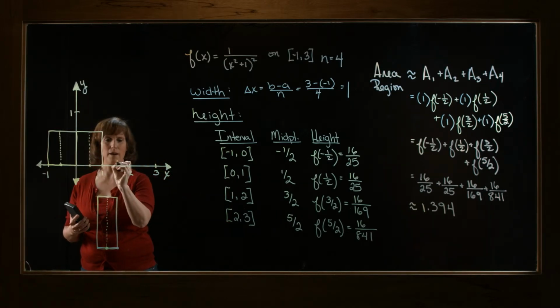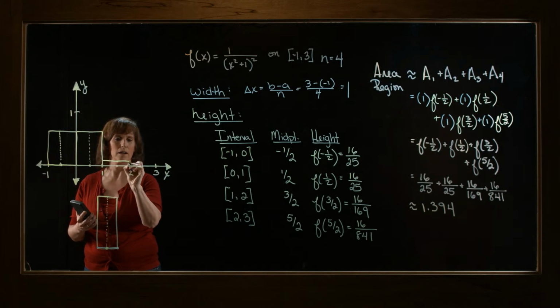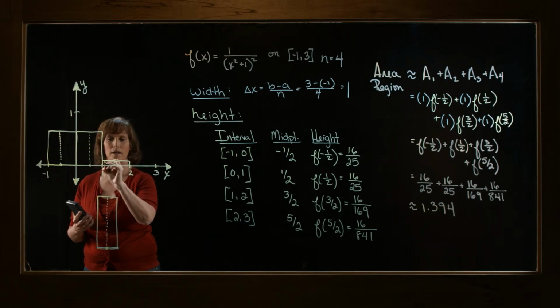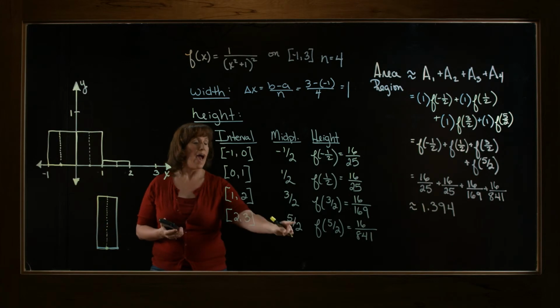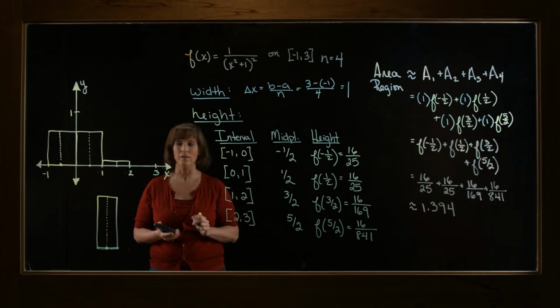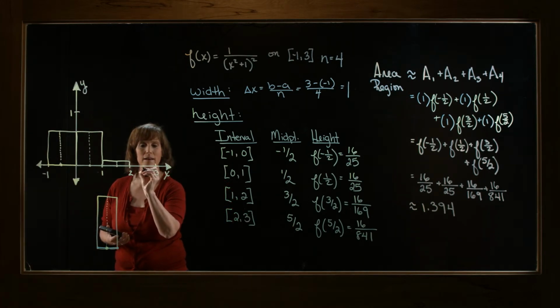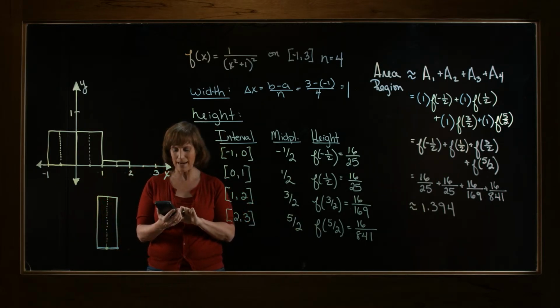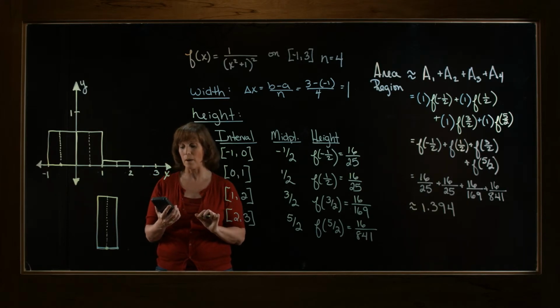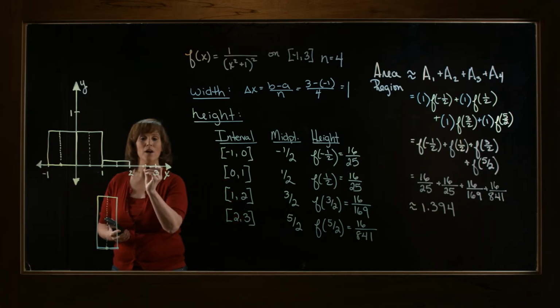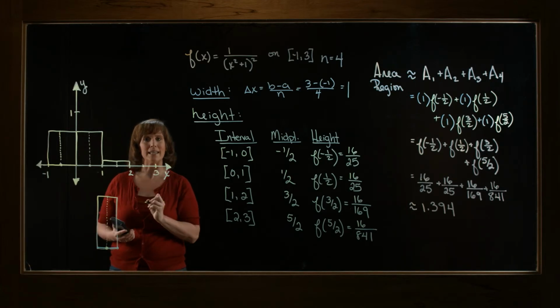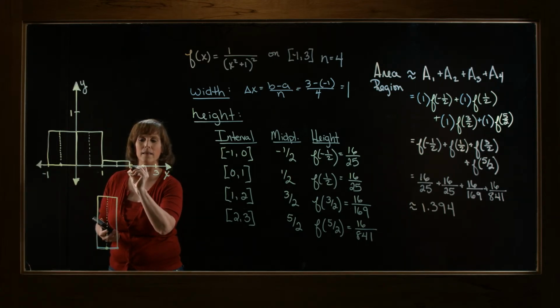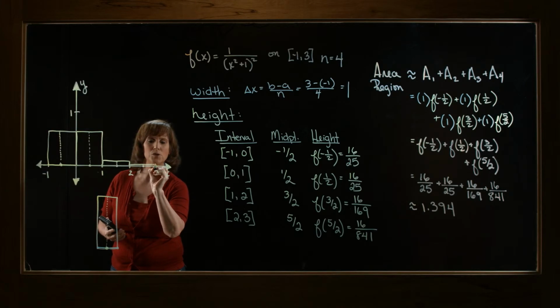So let's say that's right about here, and my rectangle is going to look like that. And finally, for my last rectangle, the midpoint is at 5/2. The height is going to be 16 divided by 841, a very small number. That's 0.02. So you can barely even see the height there, but it's a very, very short rectangle.